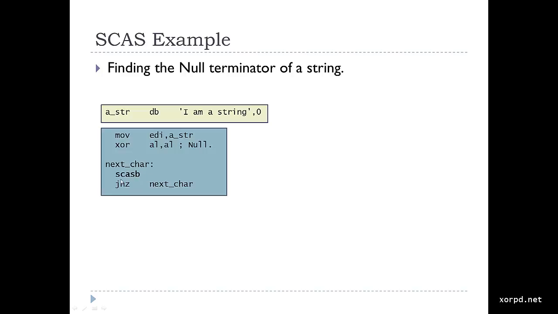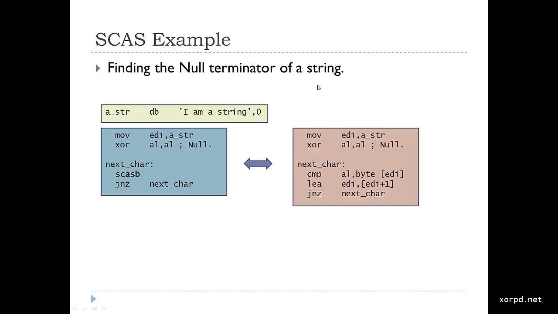I remind you that SCASB affects the zero flag the same as comparing AL with the current character in the string. So if we got a match, then the loop is going to end. But if we didn't have a match, then the zero flag is 0, and then we move on to the next iteration to compare with the next byte. Let's take a look at an equivalent code just to make sure that we understand how the SCASB instruction works.